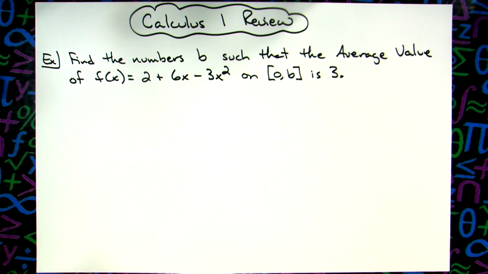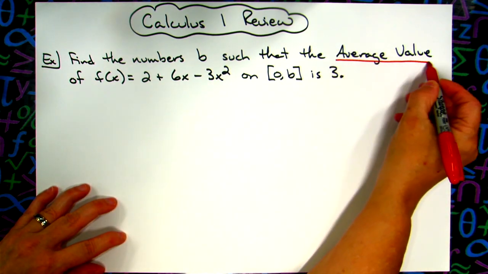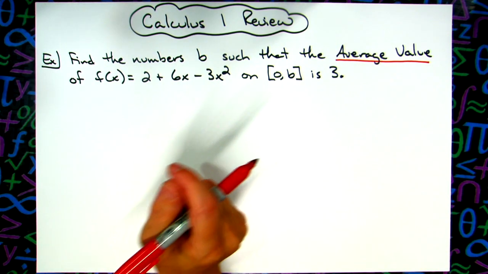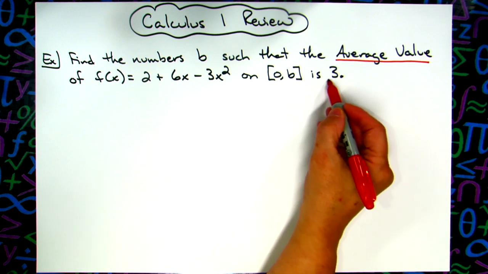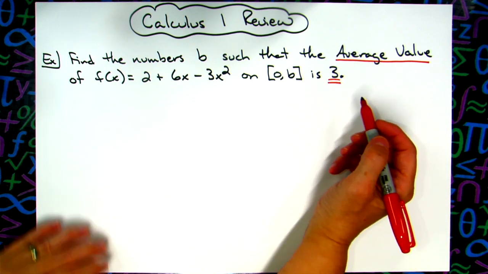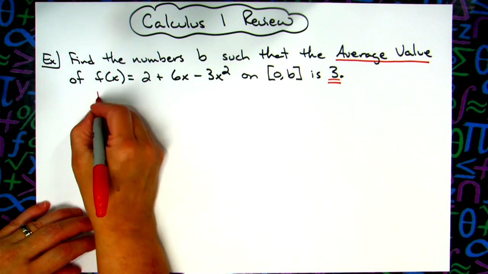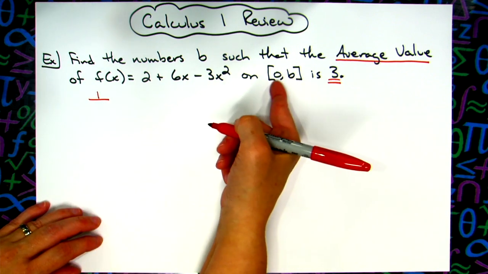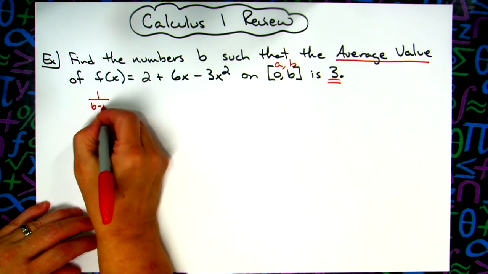To be able to work this out, you've got to know what the average value is. That's where we do the 1 over b minus a in front of the integral, and then they're telling us that average value is 3. So I'm going to use my formula and do 1 over b minus a, so it's going to be b minus 0.